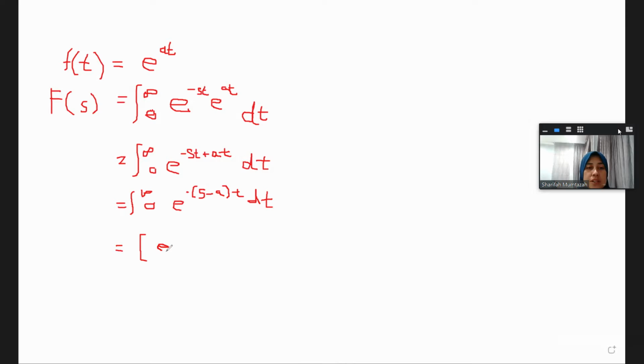So the product is exponential to the power of negative (s minus a)t, over minus (s minus a), and this varies from 0 to infinity. Good.